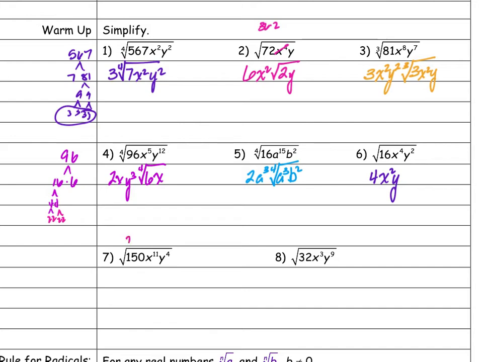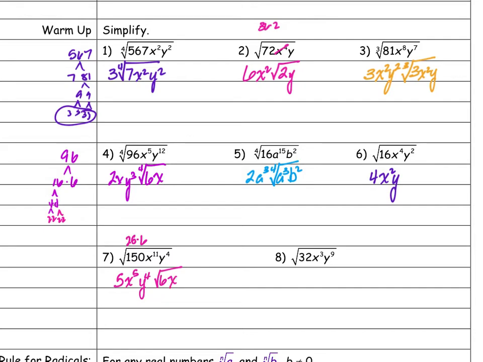150 is 25 times 6. Is that right? 6 quarters? Yeah. So the square root of 25 is 5. There's 5 groups of 2 x's and 2 groups of 2 y's. So then I'm going to get the square root of 6x.